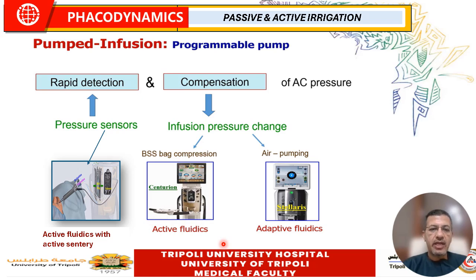Or the next generation, which is seen in the Centurion, is the use of the Active Sentry handpiece, in which there is a pre-loaded sensor in the handpiece that senses the fluctuation of the intraocular pressure and is connected to the motorized plates around the infusion bag, and also to the phaco console, so that it can adjust the intraoperative pressure moment by moment. We will see in the next slides the meaning of each one of these types of pumped infusion.